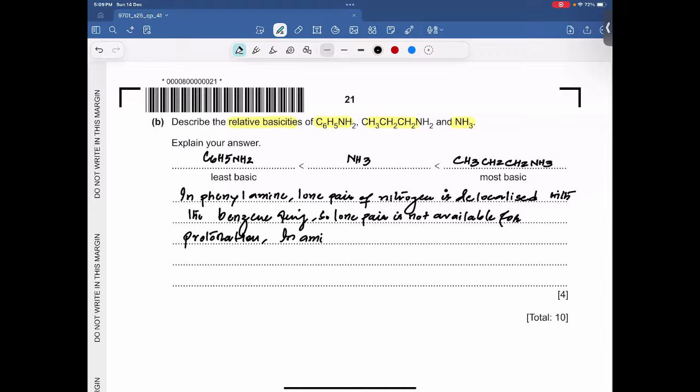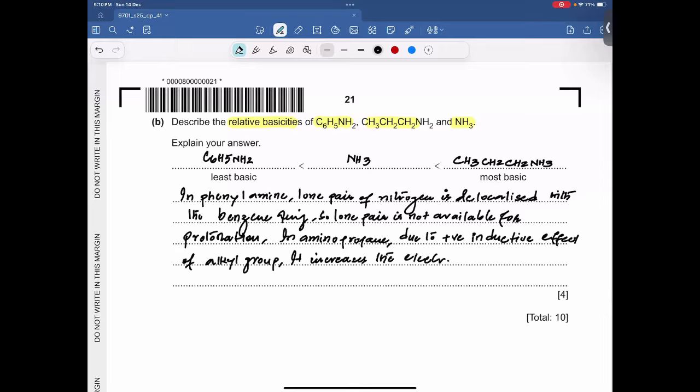In aminopropane, due to positive inductive effect of alkyl group, it increases the electronic density on nitrogen atom.